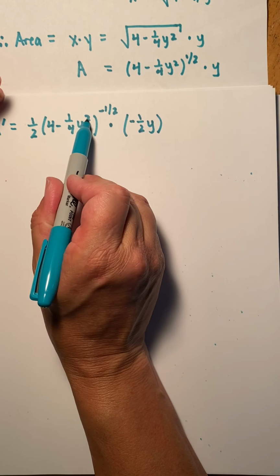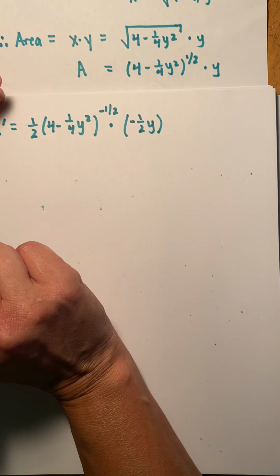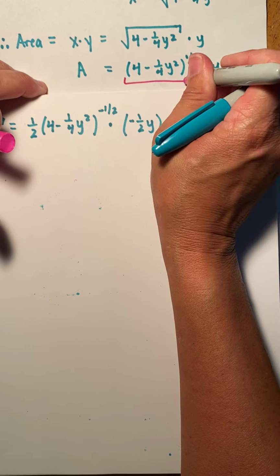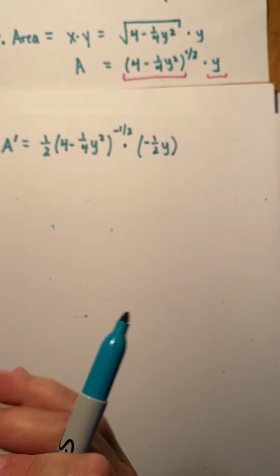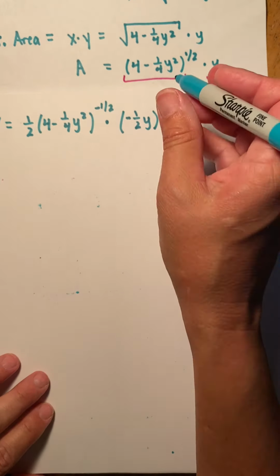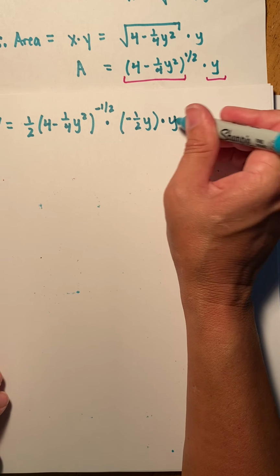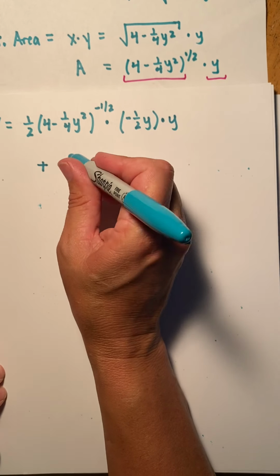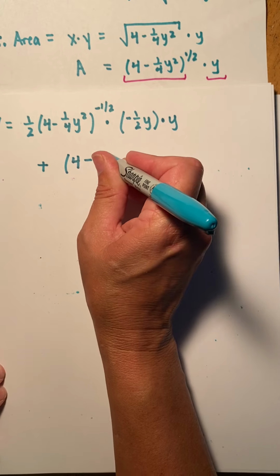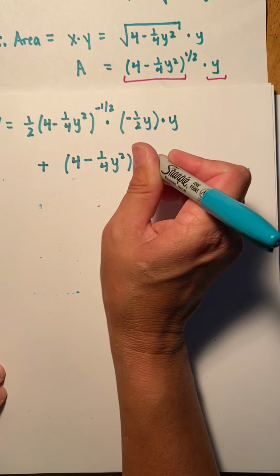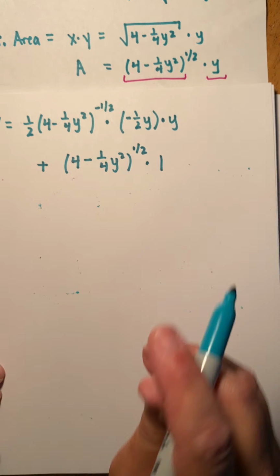Because the derivative of 4 is 0, we'll bring the 2 out front, drop the power by 1. We're using the product rule here, so this is the first, this is the second. So this is just the derivative of the first times the plain old second plus the plain old first times the derivative of the second.